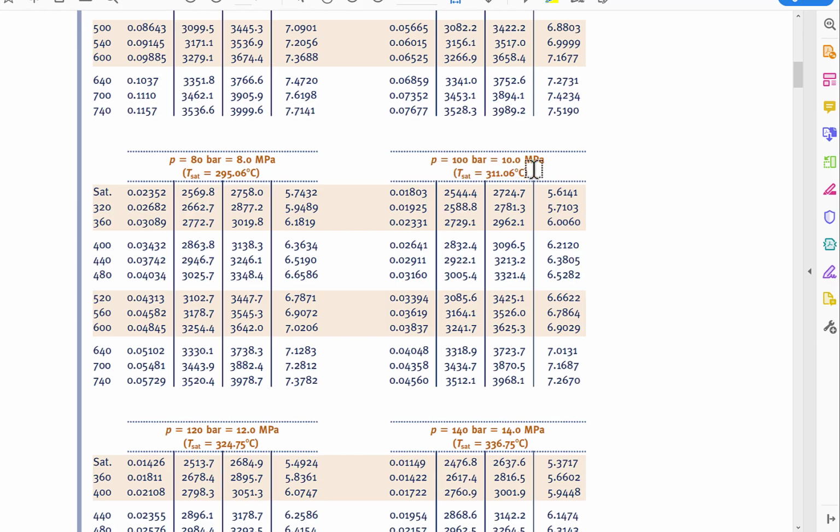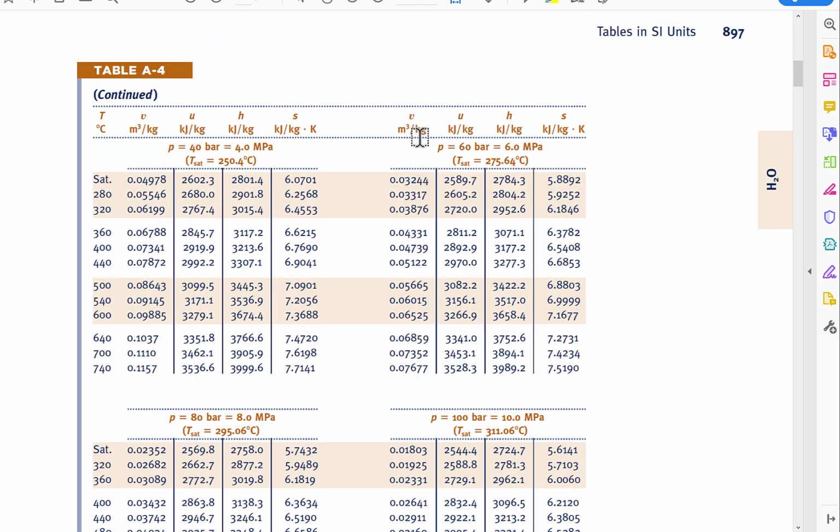So at 10 megapascal, the saturation temperature is 311 degrees Celsius. But since the temperature 600 degrees Celsius is given, we know that the state of the system is superheated water vapor.